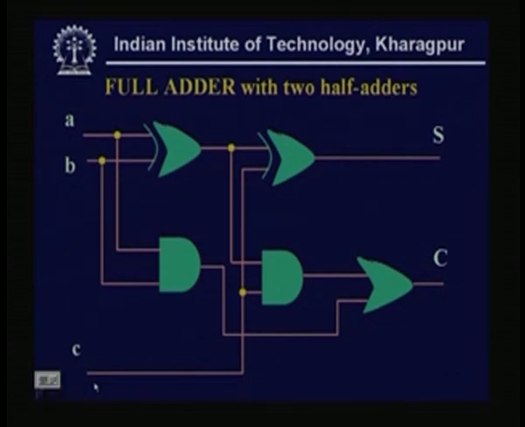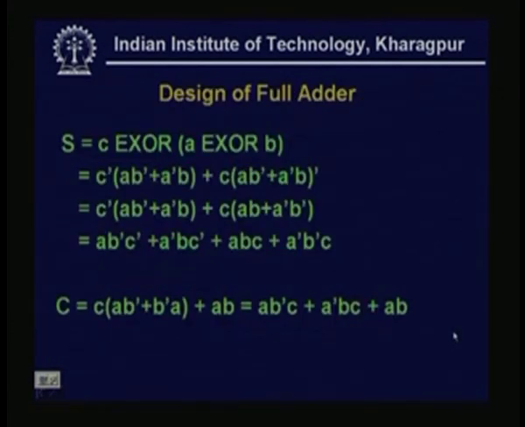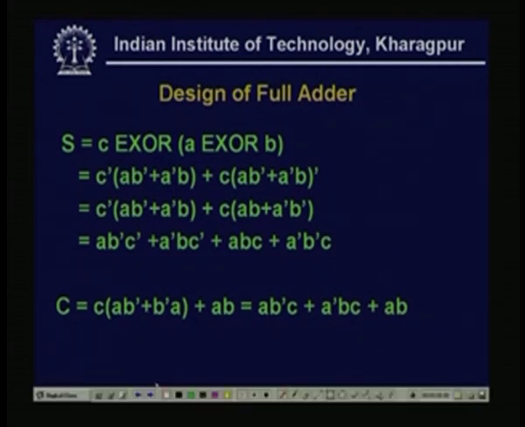So, just remember the previous one, this is C, and this is A XOR B with A B. Here one AND gate is needed and one 2 input XOR gate is needed, and for this A B one, again a 2 input AND gate.